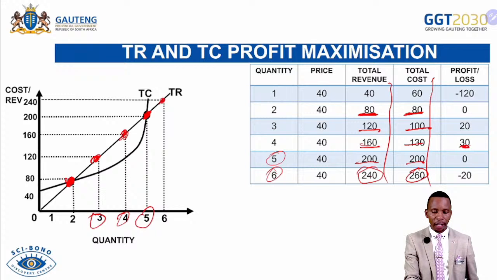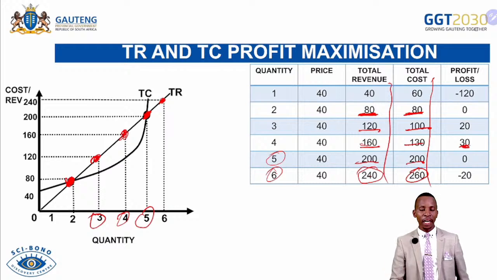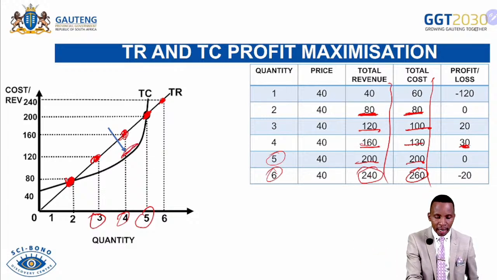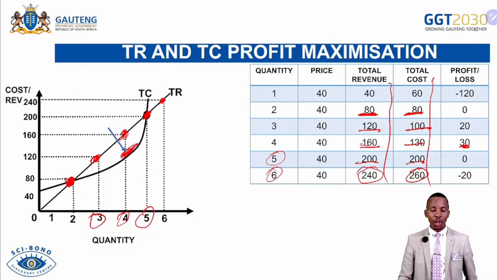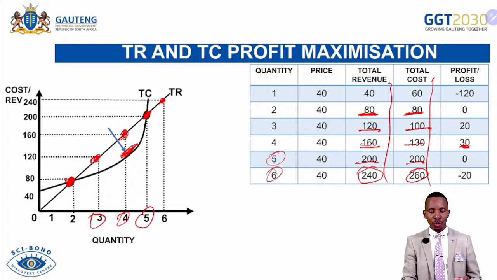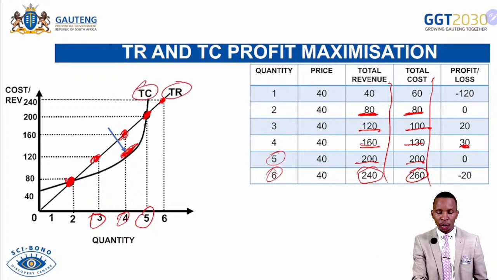And then at which point does the firm maximize its profit? So the profit is maximized where the gap or the distance between total cost and total revenue is the widest, is the biggest. So at this point here, at quantity number 4, the firm is maximizing its profits because you can see the gap is the widest between total cost and the total revenue.